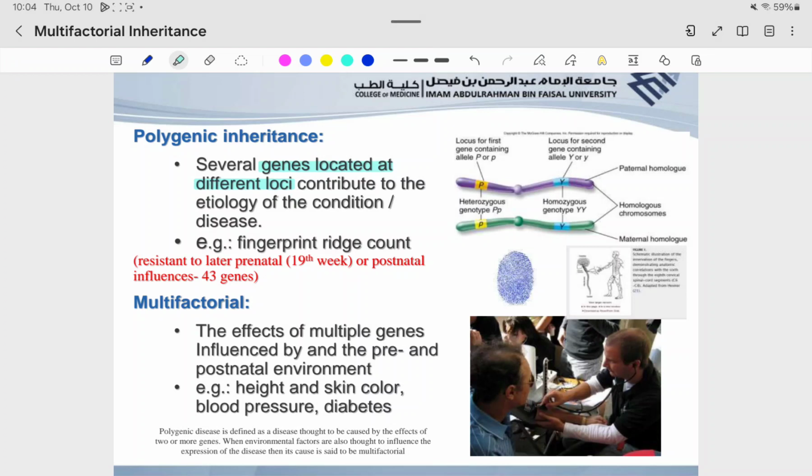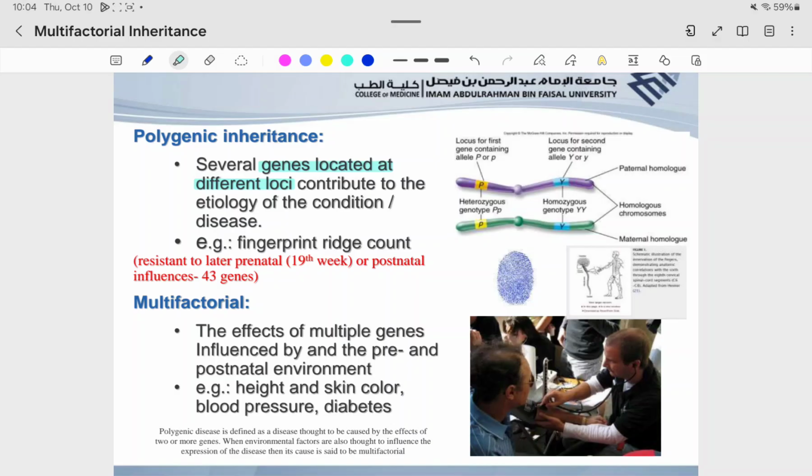After week 19, the fingerprint develops in the embryo. It stays with him to the day he dies. It doesn't change.